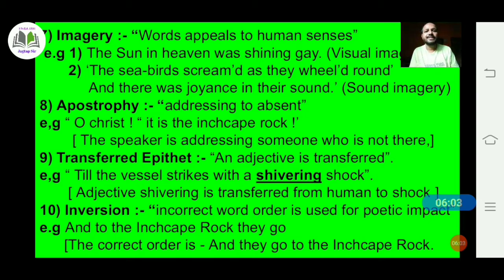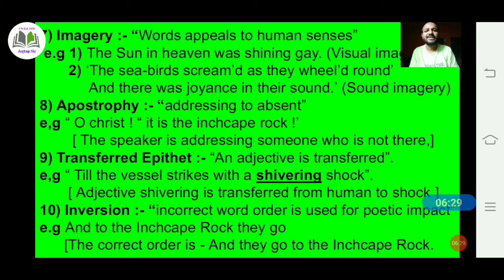Let's look at the example. Till the vessel strikes with the shivering shock. Shivering shock. Here the adjective "shivering" is transferred from a human to the shock. The quality of shivering belongs to a human being, so it should be used for a human, but instead it is used for the shock. So this is an example of transferred epithet.